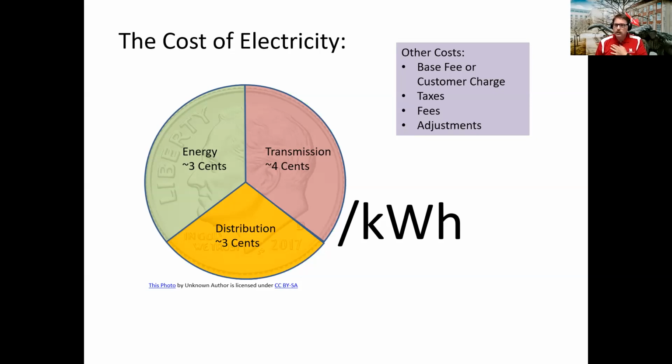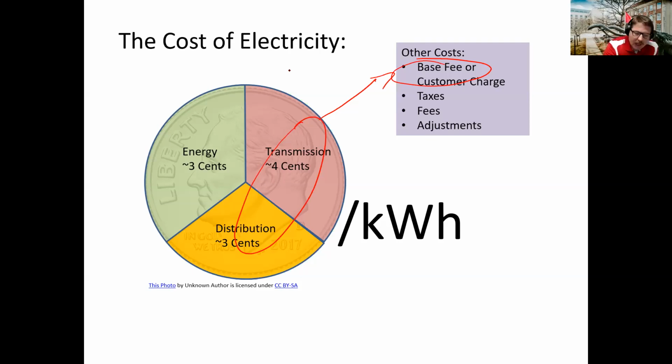Now, things are always changing, and I want to at least bring up one that I think is important and is changing slowly. This base fee is paying for some overhead of the utility and the billing system and other things. But one thing that is beginning to happen is we're beginning to take some of these costs and move them over to the base fee, which then allows the system to become more stable over time. So we're paying for some maintenance of transmission and distribution in our base fee.